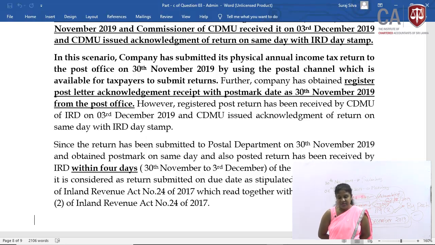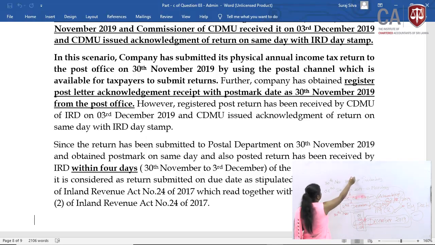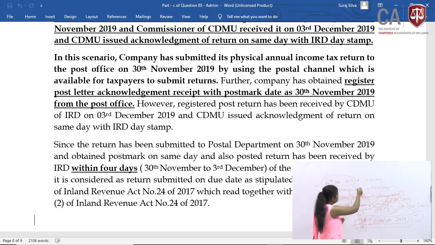Further, the company has obtained a registered post letter acknowledgement receipt with the postmark date 30th November. In the question, it's very clearly given. They posted it on 30th November, which is Saturday, from the post office.